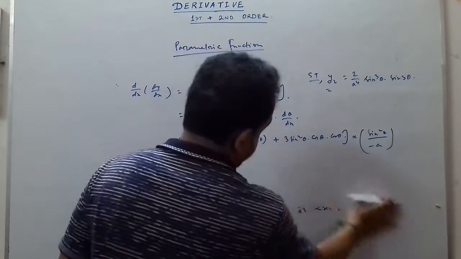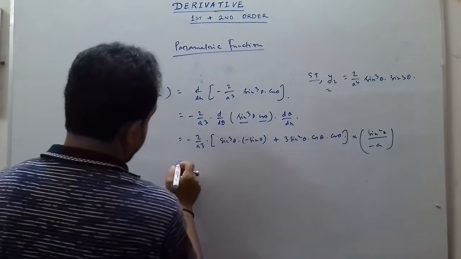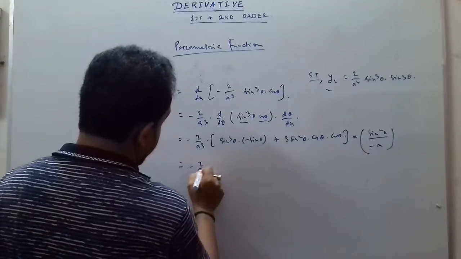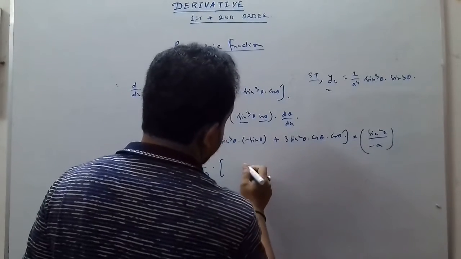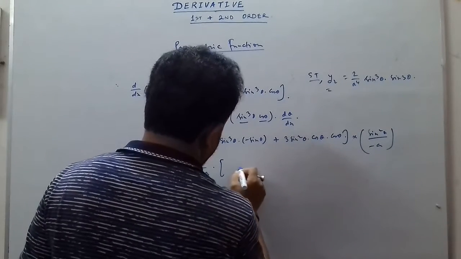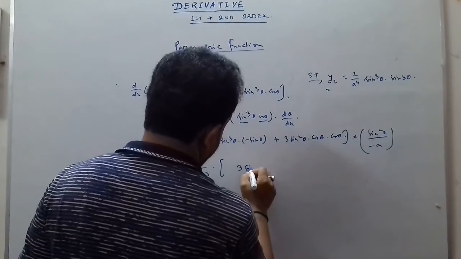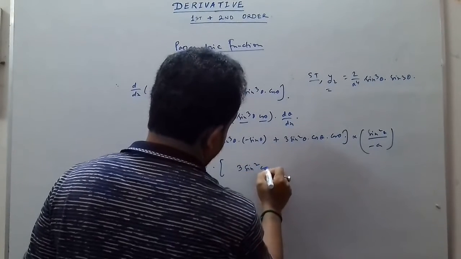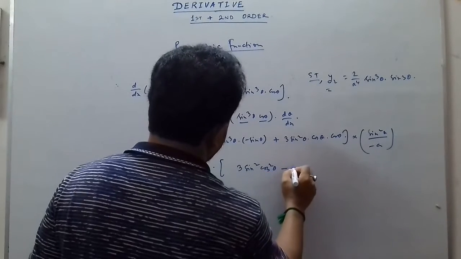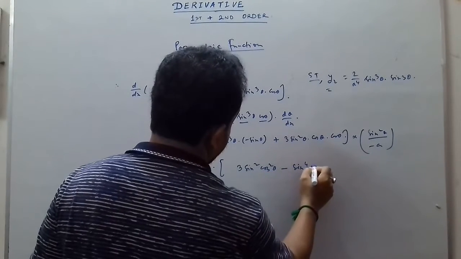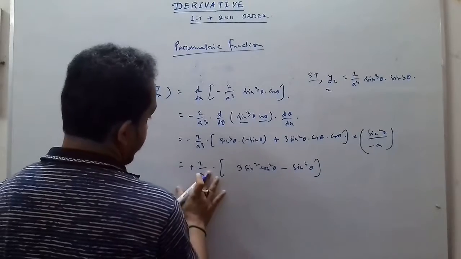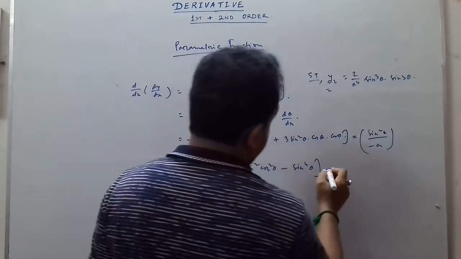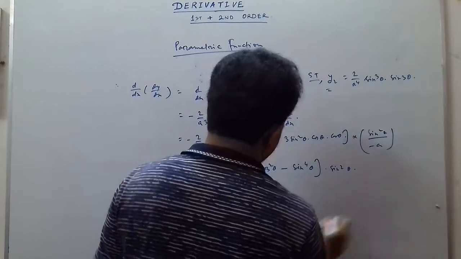Now minus 2 over a cube, and here we get 3 sin square theta cos square theta minus sin power 4 theta. If we calculate this part, we get a positive sign and a power 4, and here it is sin square theta.